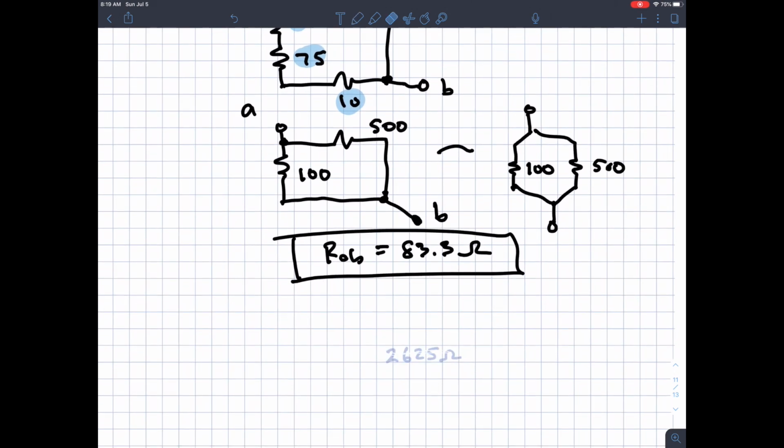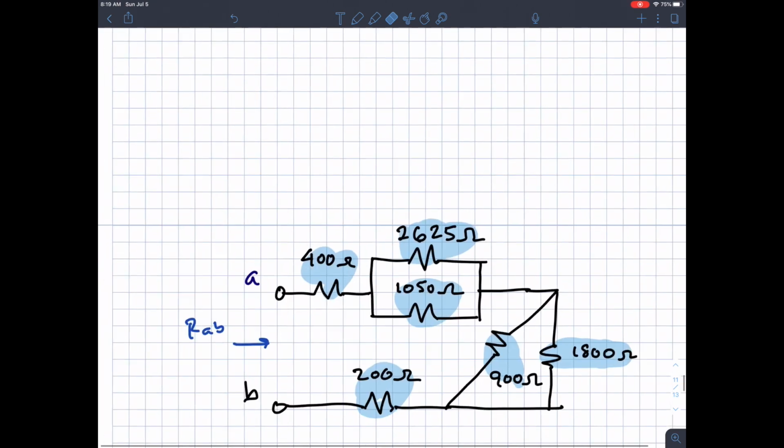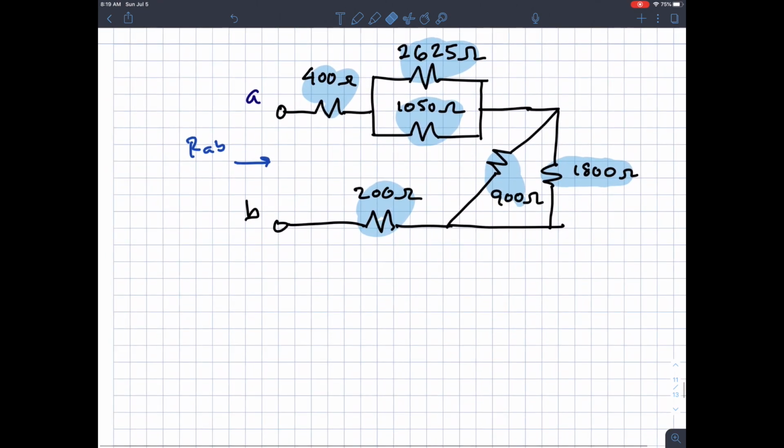I wanted to calculate another example. So RAB. Take a look at that. What would you see as a path through? Maybe pause the video and see what you would do. I'm looking at this, and I'm going to remove the highlights of the resistors. What immediately jumps out to me is I see a couple of pairs of resistors that are in parallel.